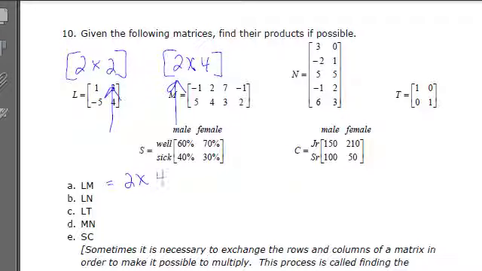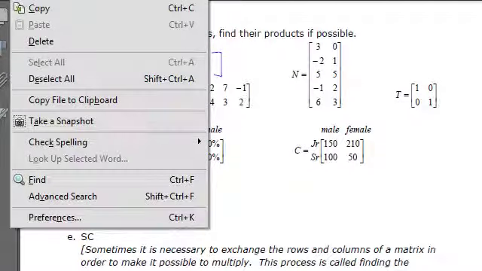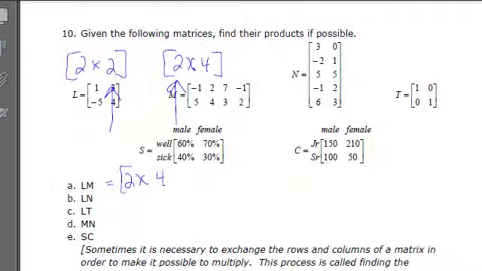Now some people might say, well, where did you get the 4 or the 2? I'll tell you. As long as the inner numbers are the same, the 2 and the 2, your outer numbers, which is this 2 and that 4, would create your answer.